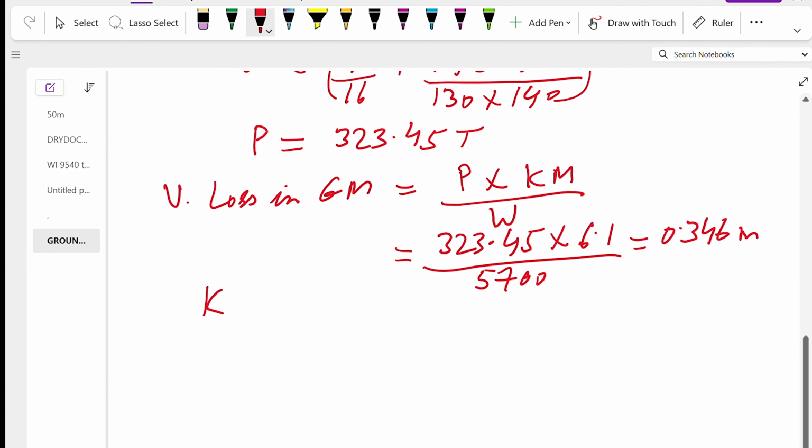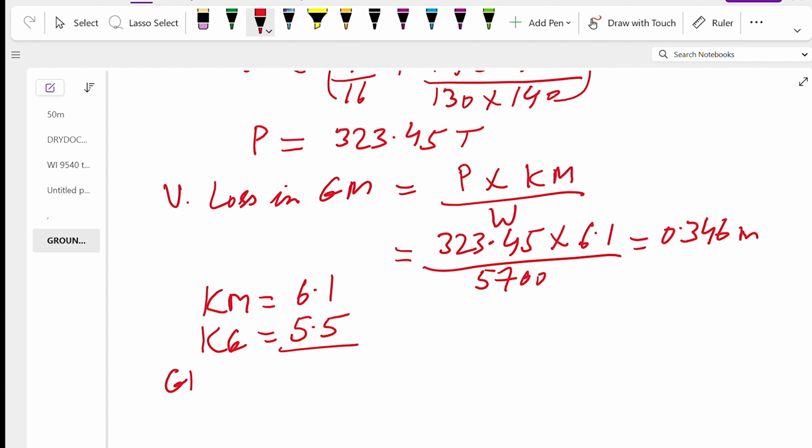So KM is given as 6.1. KG given in the question is 5.5. There is no FSM given, so no free surface. So just the GM solid will be 0.6. And what is the virtual loss?